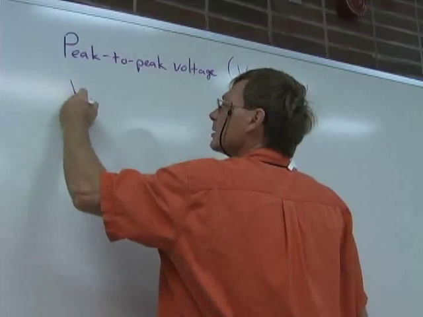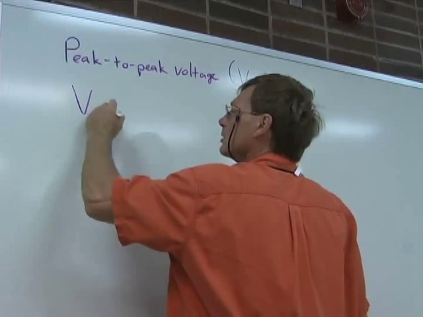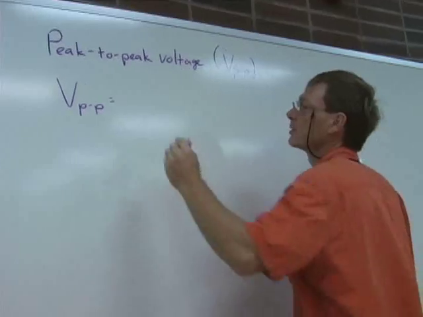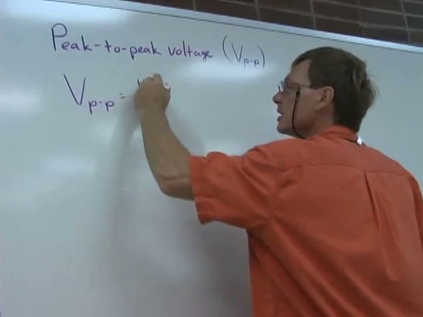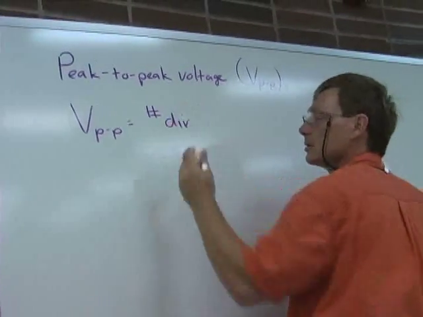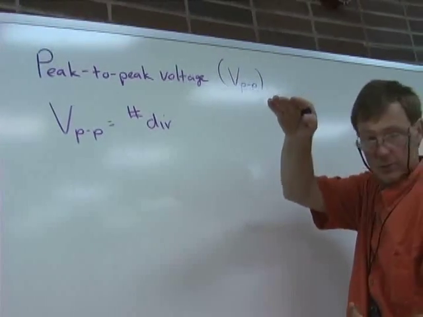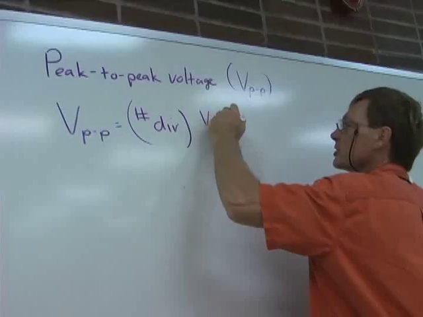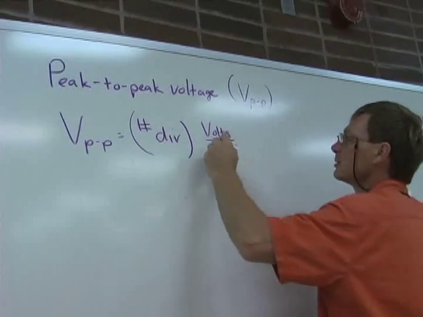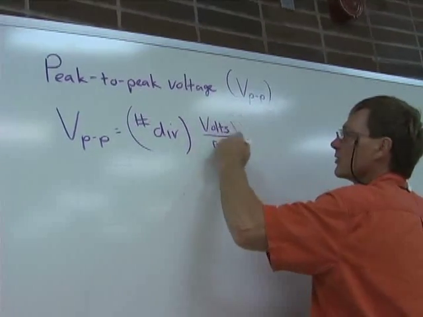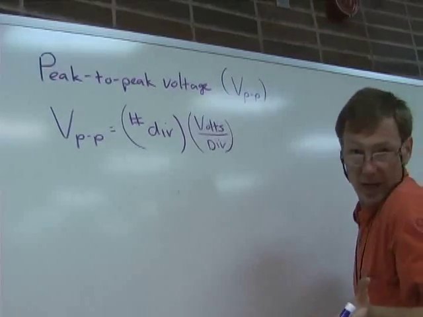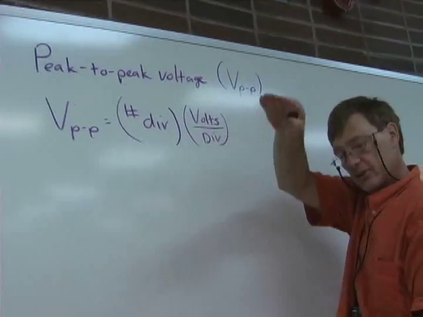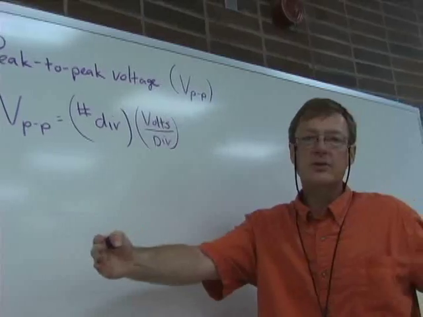To calculate the peak to peak voltage on the oscilloscope, it's equal to the number of vertical divisions times the volts per division, which is that knob that you adjust, the one that said 1 volt per division. It tells you what the scale is. And remember, this is voltage, this is period.